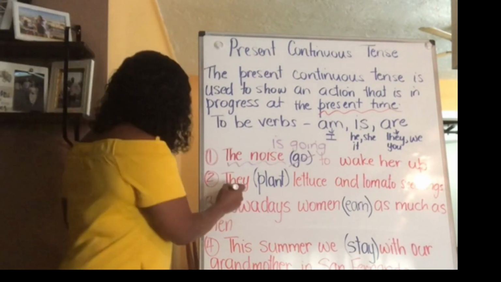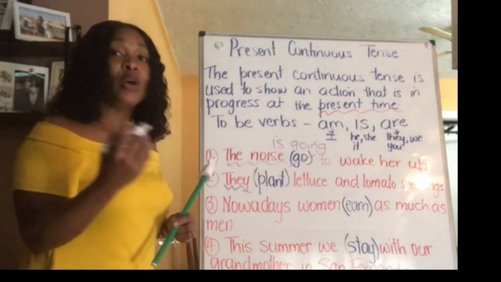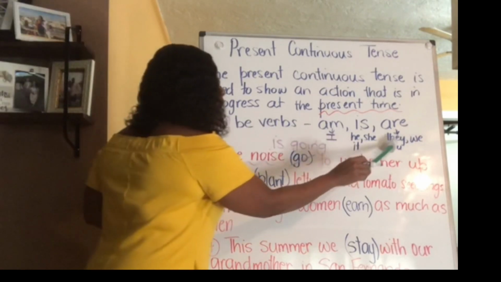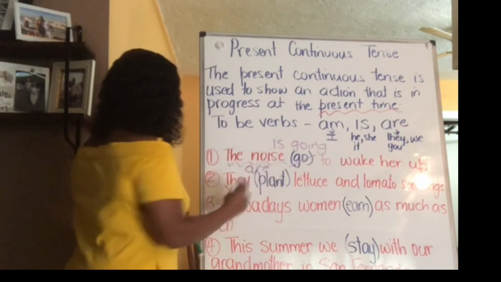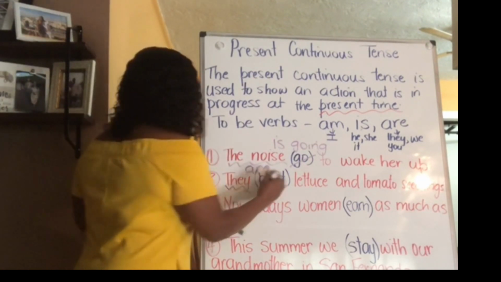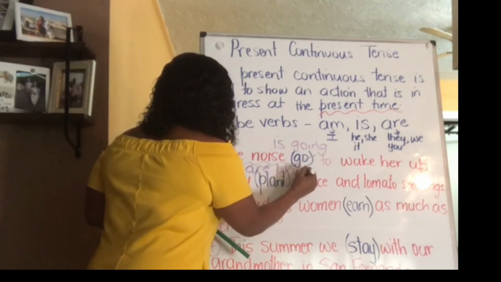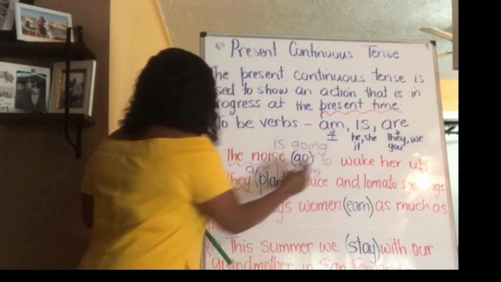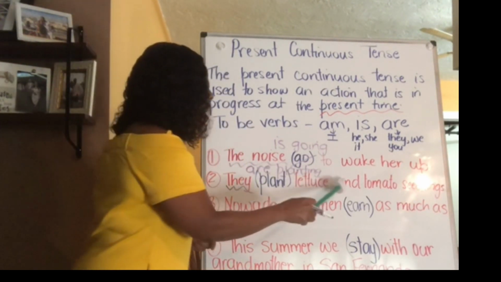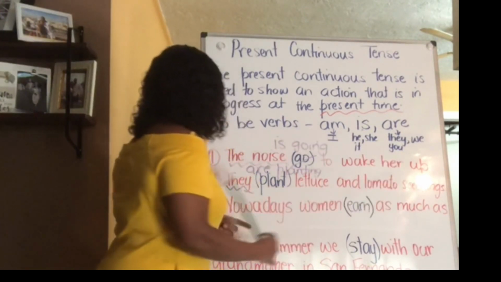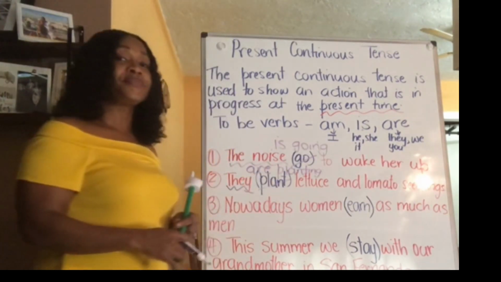So they refers to more than one. So here we are, they are. So we have are, and plant needs an ing, so it becomes planting. So they are planting lettuce and tomato seedlings. All right?